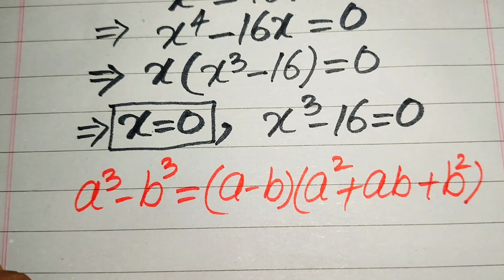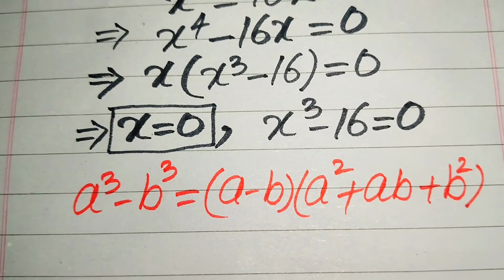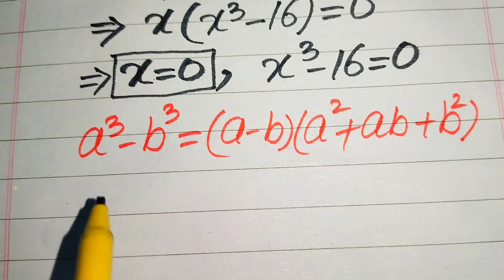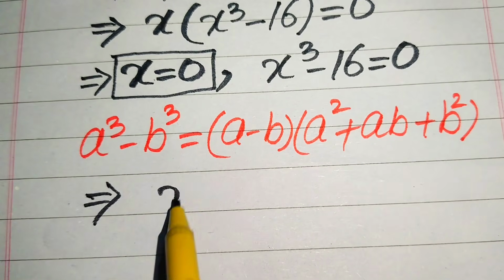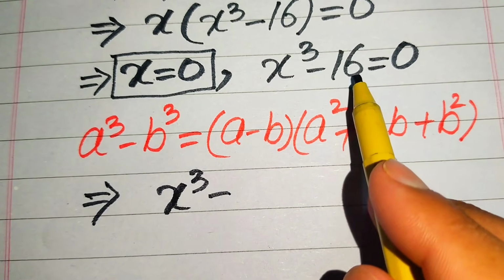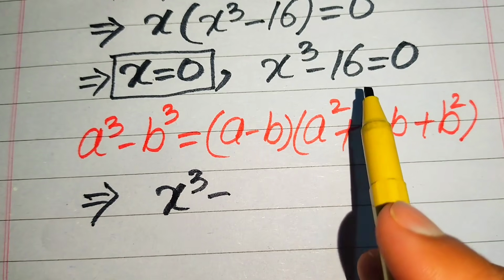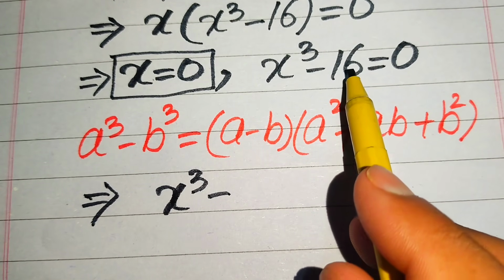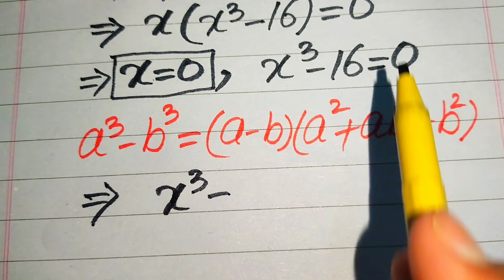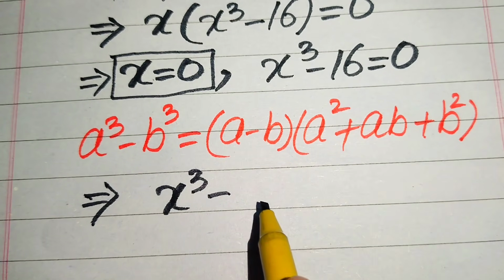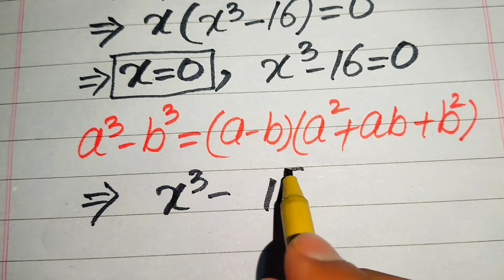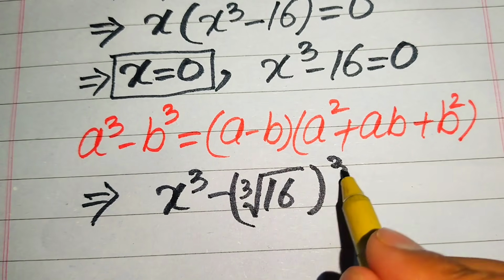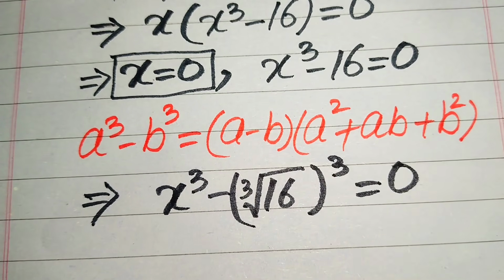According to this formula, we simplify this equation, but first we rewrite this term as x cubed minus, here we need the exponent 3 on 16, so we write 16 as the cube root of 16 whole cubed, and this whole equation is equal to 0.